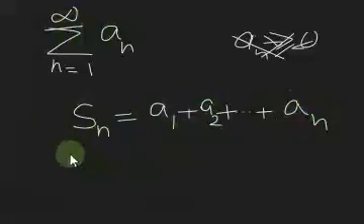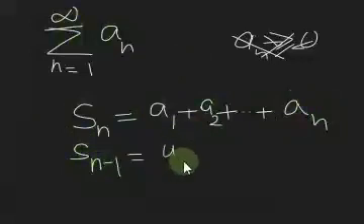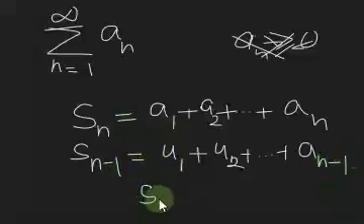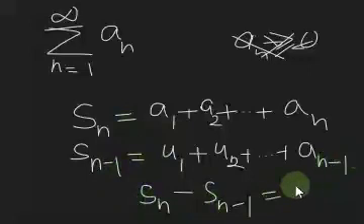Definitely we can define S sub n minus 1, which is the (n minus 1)th partial sum, up to a sub n minus 1. So S sub n minus S sub n minus 1, the difference between these two partial sums, is equal to the nth term of the series.